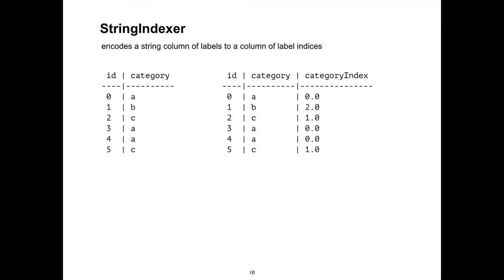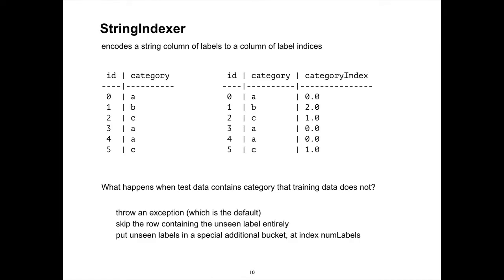But there is a slight little gotcha here. What happens if your training set doesn't have a string which your test set does? What happens when you don't have all the possible strings in your training set?